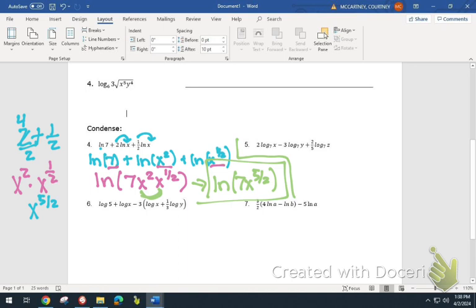Okay, pull your exponent back here. Pull it back, pull it back, pull it back. Okay, I think I can do this in one step. How many times am I going to write log base 7? Well, in my final answer, I'm only going to write it once.